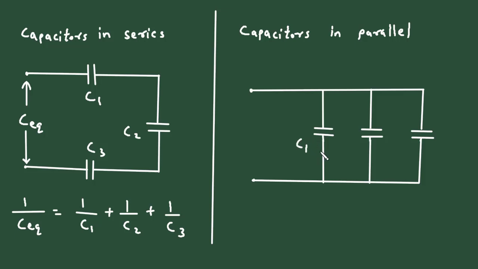Let's say this is C1, C2 and C3, and this is CEQ. So its equivalent capacitance is given by CEQ is equal to C1 plus C2 plus C3.